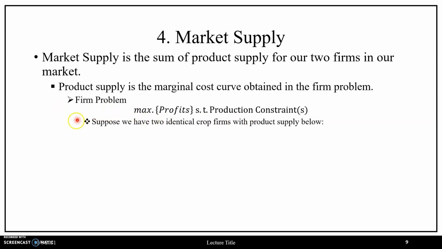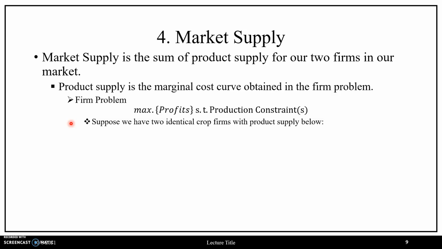In this case, also suppose that our two crop firms are identical in terms of their production constraint as well as their cost structure, which isn't too much of a stretch to think about, in that if there's an identical product being sold in a perfectly competitive market, since they are price takers, profits are tending towards zero.